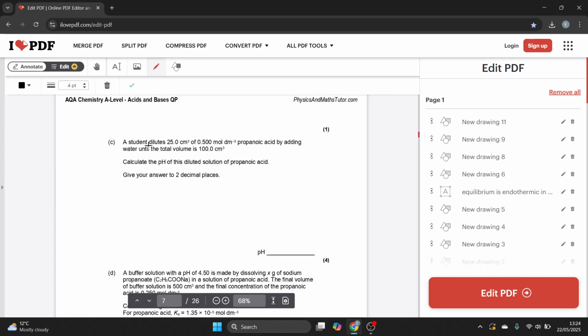Okay, a student dilutes this much by adding water until the total volume is 100.